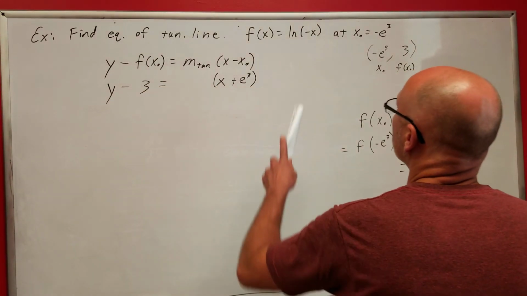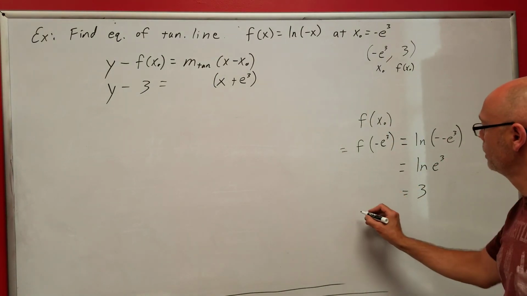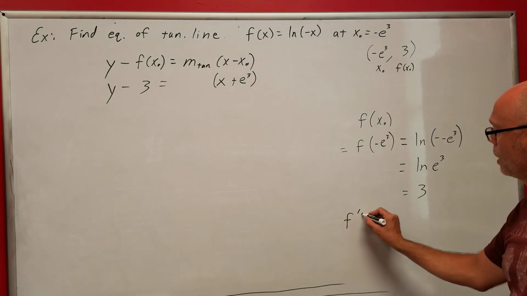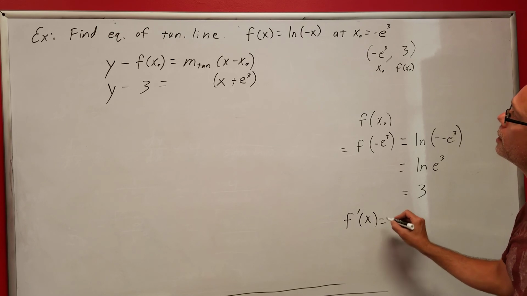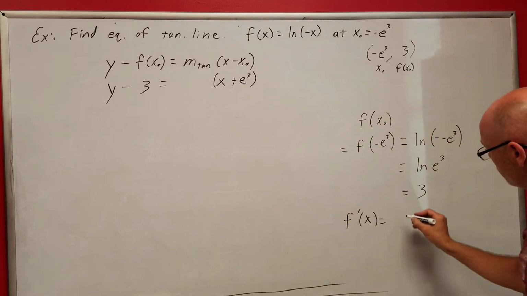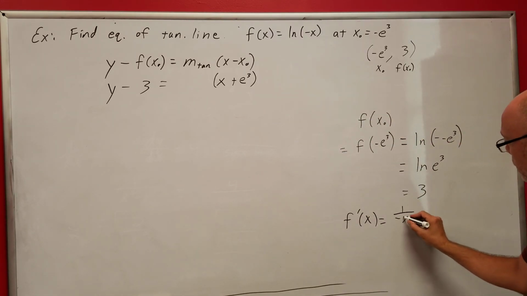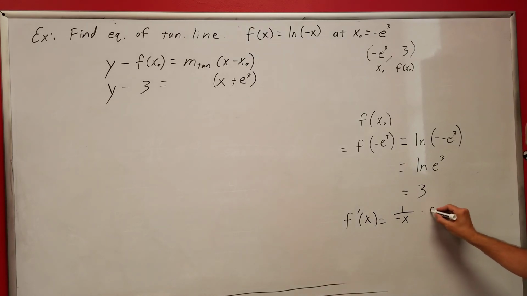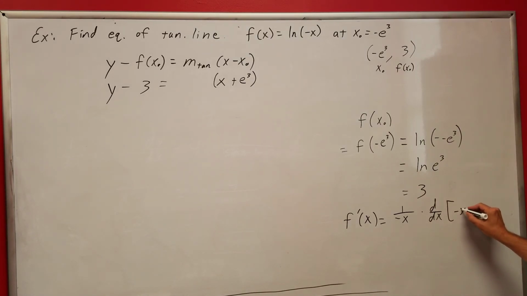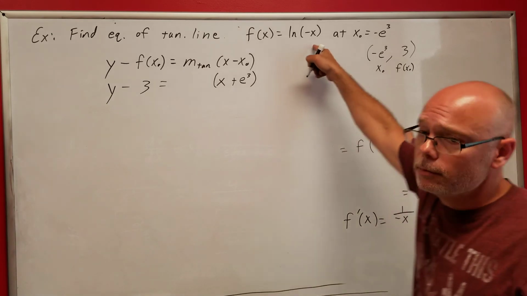Let's find m tan. So let's find the derivative of f. F prime of x is equal to 1 over the argument, 1 over negative x, times the derivative of the argument, the derivative of negative x.